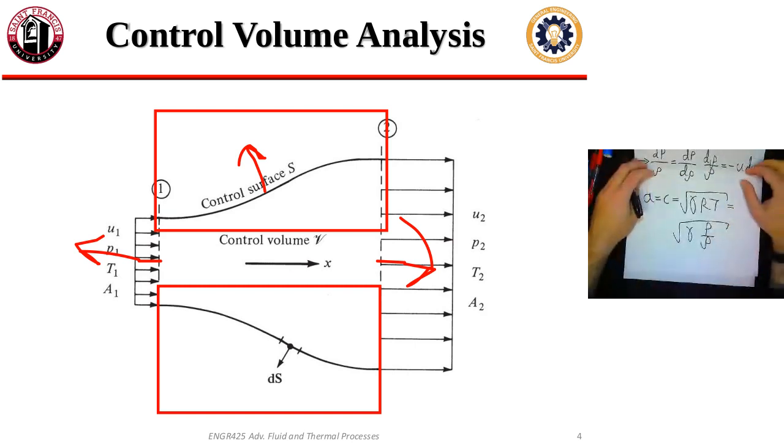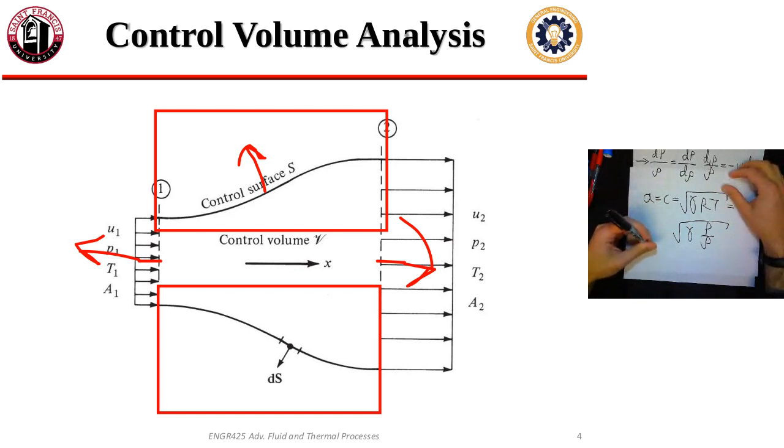Well, if I take a derivative of this, which I did when I was trying to get this in the first place, I can say that dp d rho is actually equal to the square of the speed of sound.